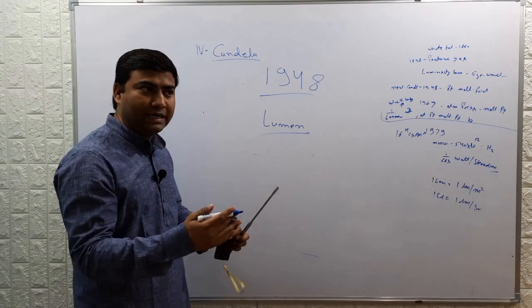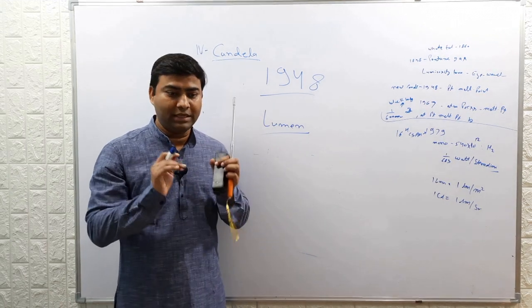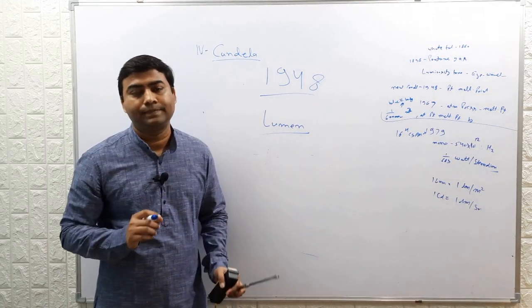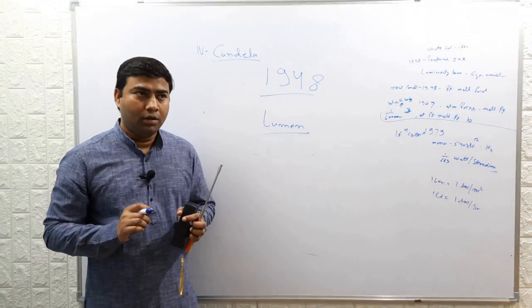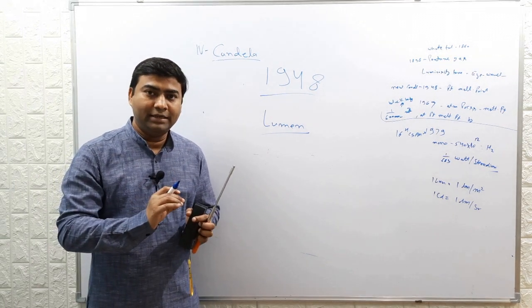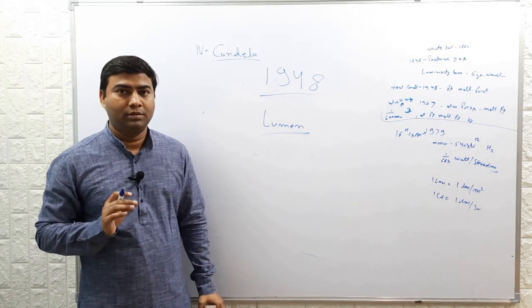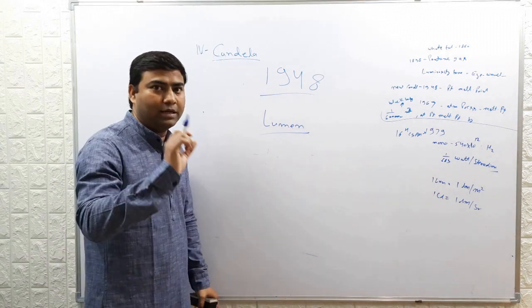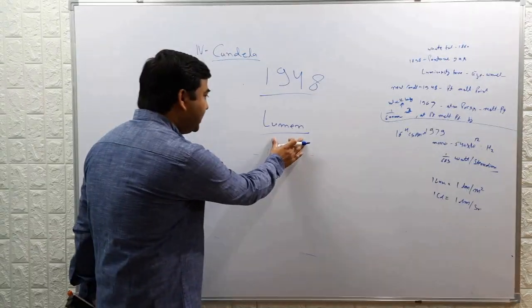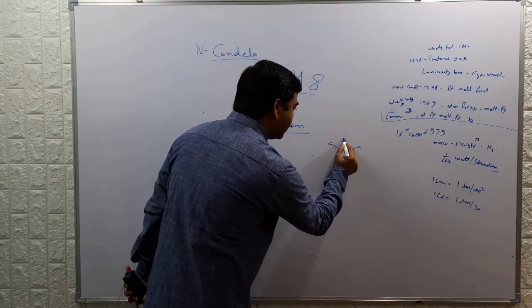As we have discussed, candela is a measure of brightness of a source which is emitting visible light. Candela is defined for a particular direction in a source, and only for visible light. Now lumen is also defined for a source.